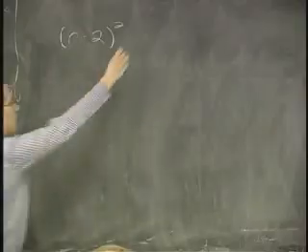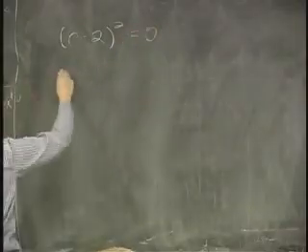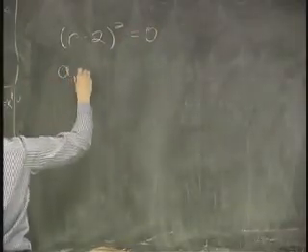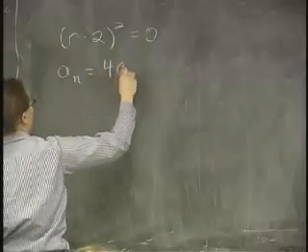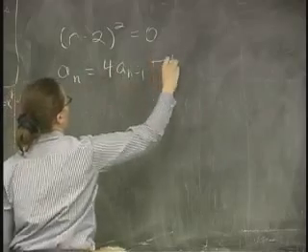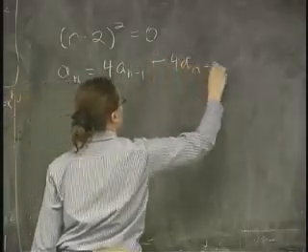What happens if our characteristic polynomial is (r minus 2) squared? This would come from the recurrence relation a_n equals 4a_(n-1) minus 4a_(n-2).